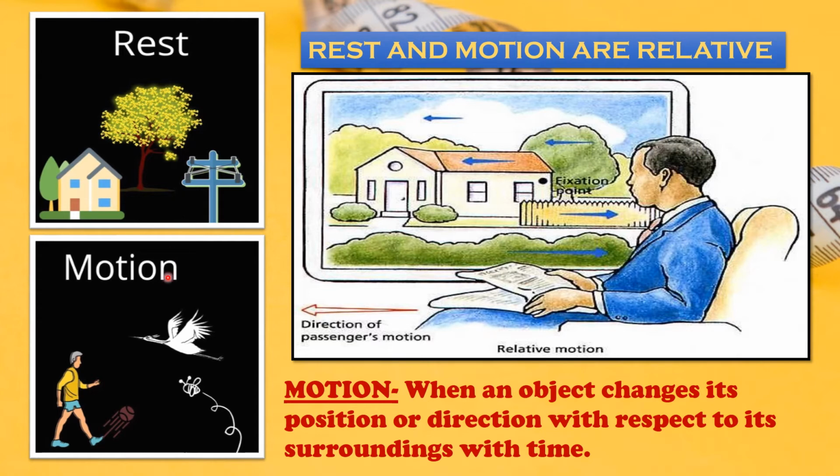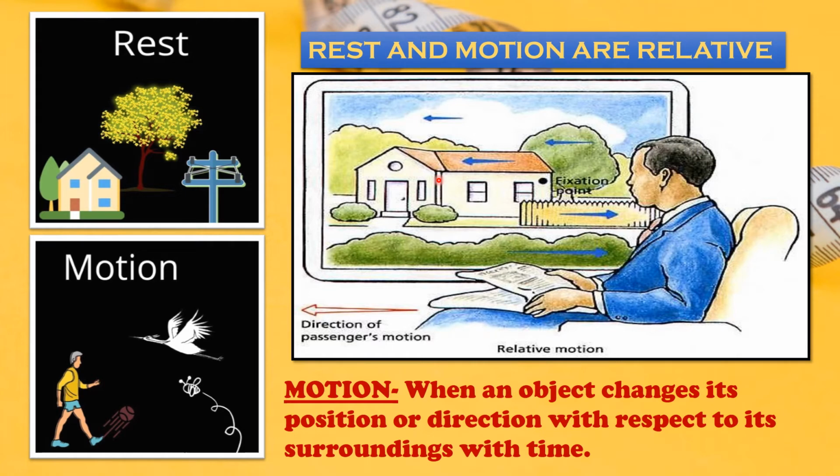But a person when he is walking, a moving car, a moving train, a flying bird, they change their position with respect to the surroundings. We say they are moving, they are in motion. So, when an object changes its position or direction with respect to the surrounding, then the object is said to be in motion.